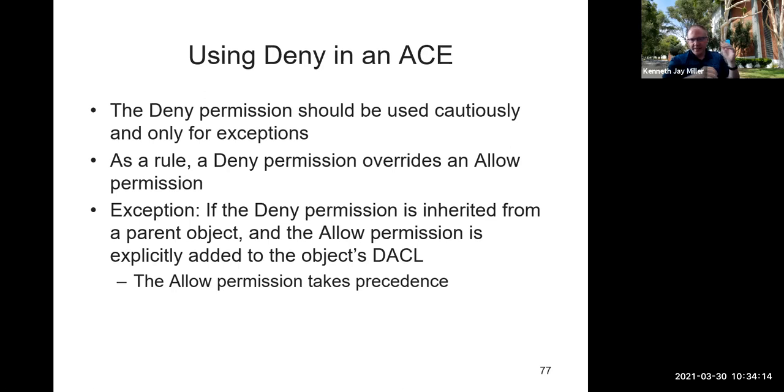If I said deny this, but allow this, and they're in competition, deny will always win. The exception is if the deny permission is inherited from a parent object and the allow permission is explicitly added, then the allow permission overrides it. So only if the deny is inherited can we override it. If they're both inherited, deny will always win.